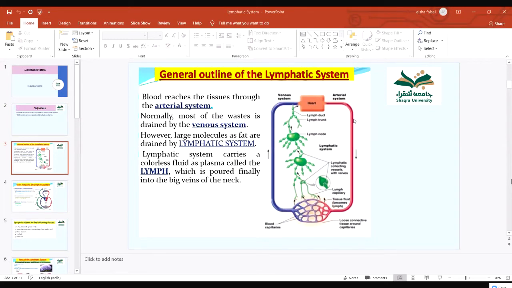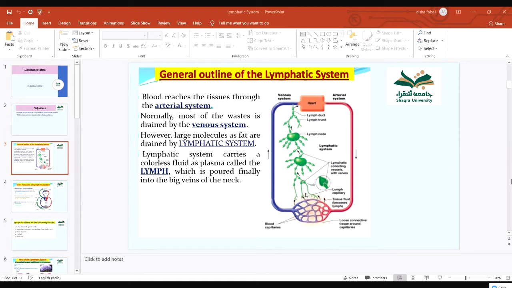So it is a closed system in which the blood is flowing towards the periphery, and from the periphery, the venous blood, the impure blood, turns back towards the heart. But you can see this is the site of your tissue or organs. The exchange of material is taking place between the capillaries and the cells or tissues.